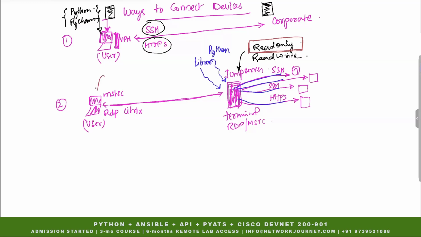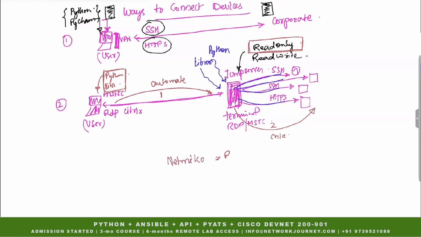You need to put all the required things on your own device: Python, the libraries, etc. From this side, you first automate towards the RDP, and then you connect to the devices. So it's like first a connection via script, then a second connection to the backend devices. This feature in Netmiko is called the redispatch feature.